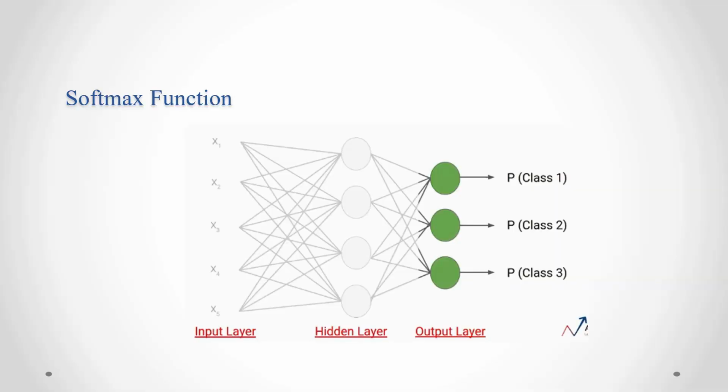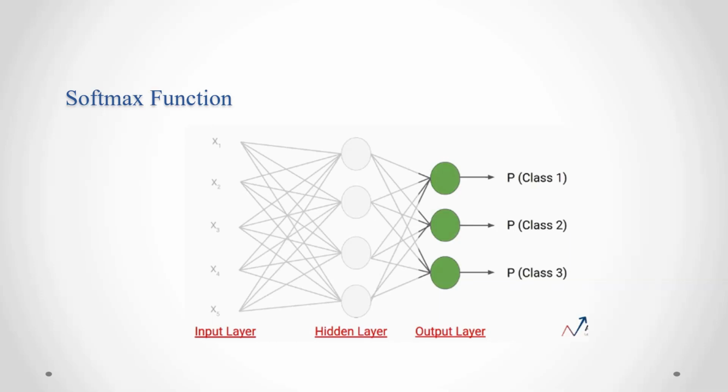One last activation function that we will discuss here is the Softmax function. The Softmax function is also a type of sigmoid function, but it is handy when we are trying to handle classification problems. The Softmax function is ideally used in the output layer of the classifier, where we are actually trying to get probabilities to define the class of each input.